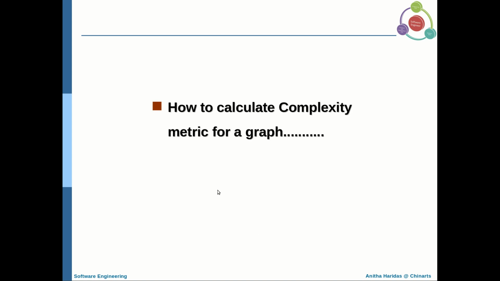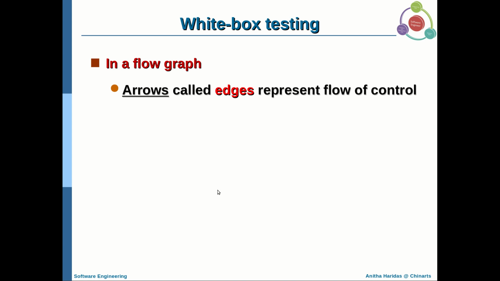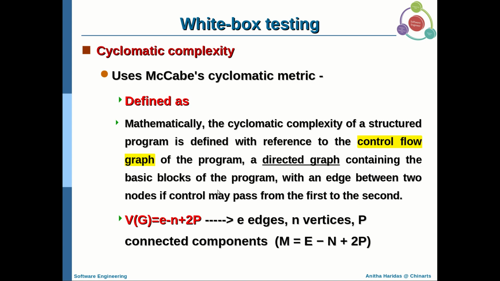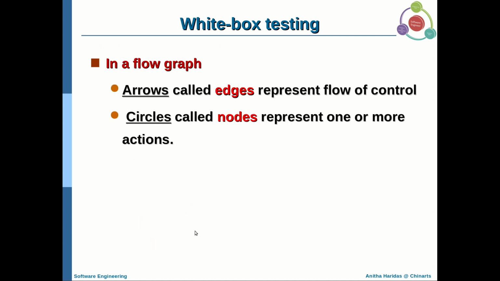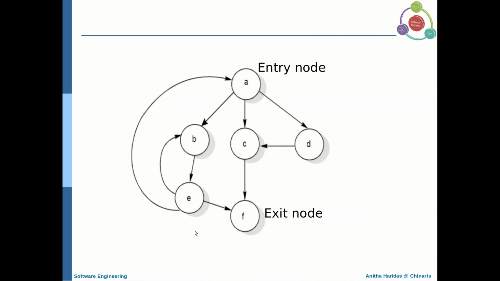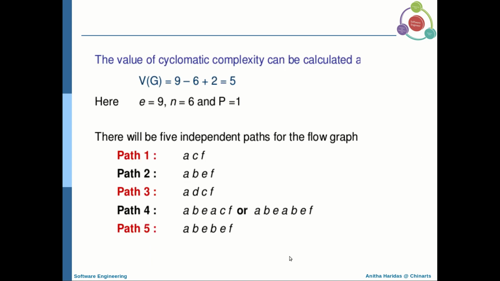So if this is the case, how do you calculate the metric? Number of edges minus number of vertices plus 2 into number of connected components. What could be the metric value for this particular graph? Let us see now. I have 9 edges, E is equal to 9.